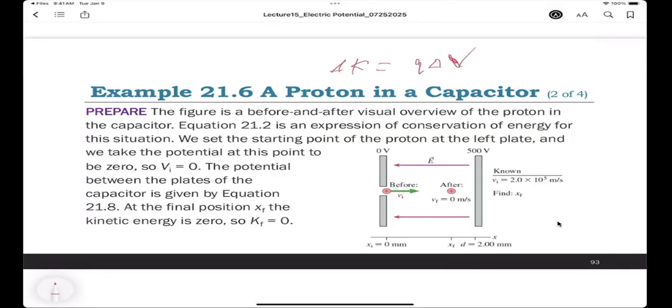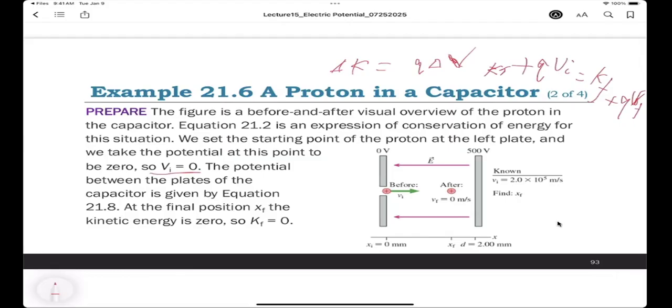Actually, you can also use this equation: K initial plus qV initial equals K final plus qV final. We set the starting point of the proton at the left plate, and we take the potential at this point to be 0.